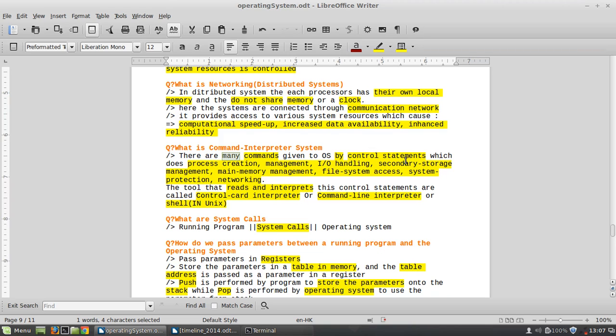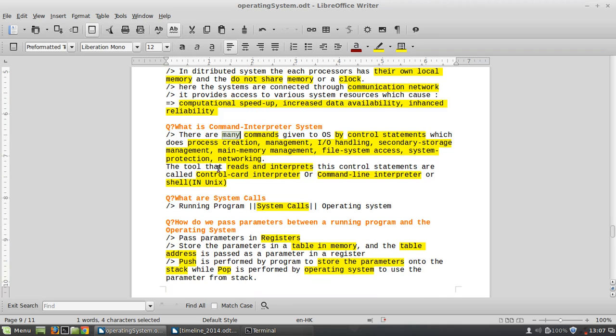These commands can perform many kinds of activities: process creation and management, IO handling, secondary storage management, main memory management, files, system access, system protection, networking. Everything can be done just by these simple commands given by control statements to an operating system.